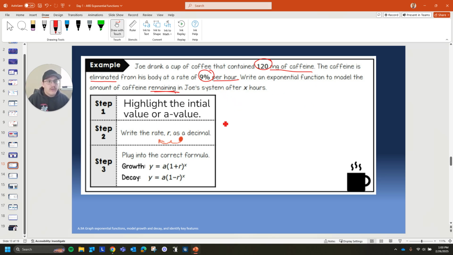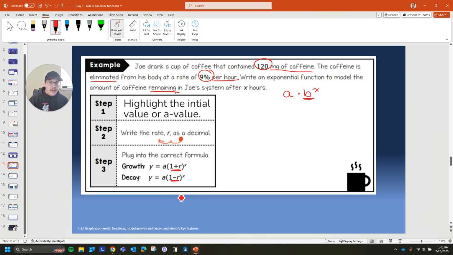So we're trying to create an equation based on the growth or decay of this problem. So we're, in a sense, trying to find out the A times B to the X power. Now this B, however, is determined by whether there is a growth or a decay. So we need to look at some of the wordage of the word problem here.